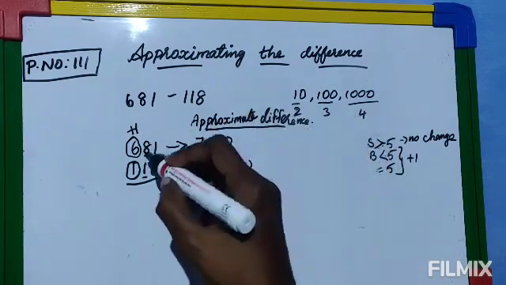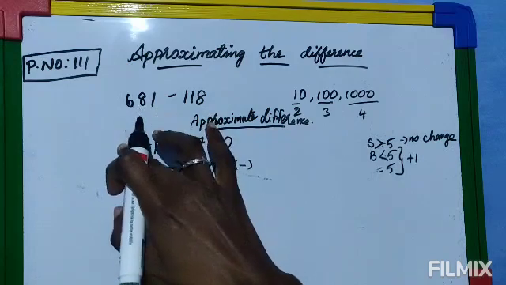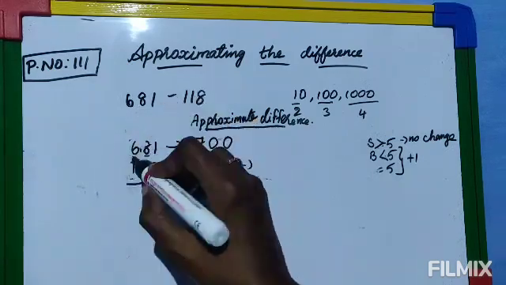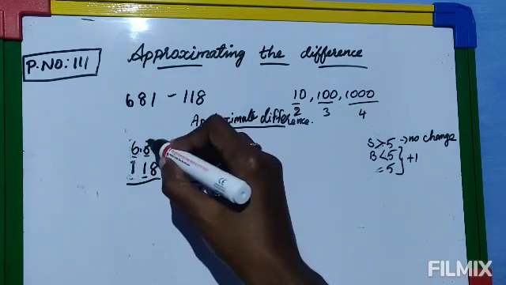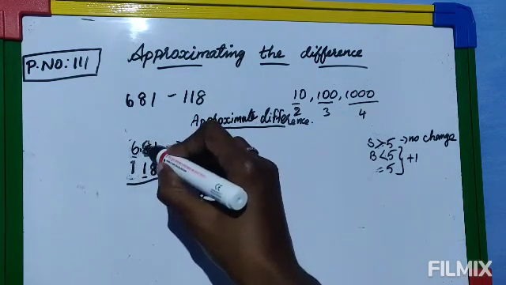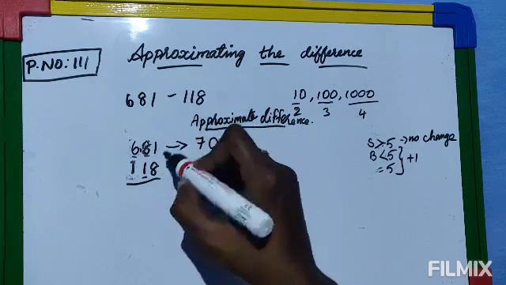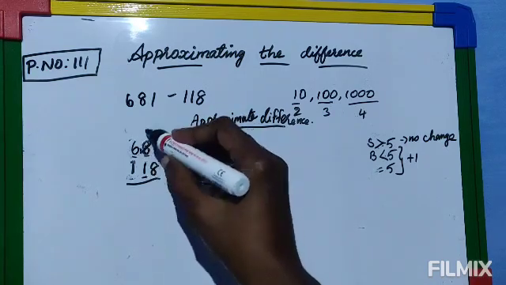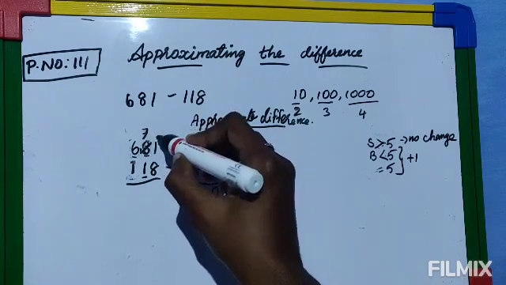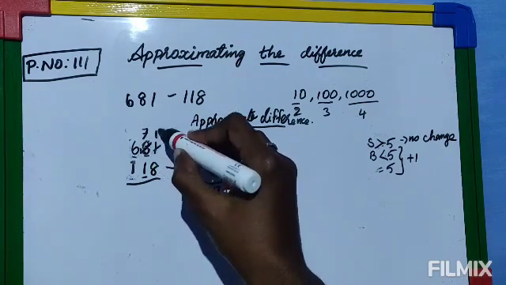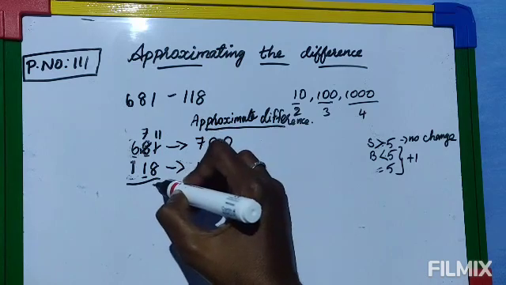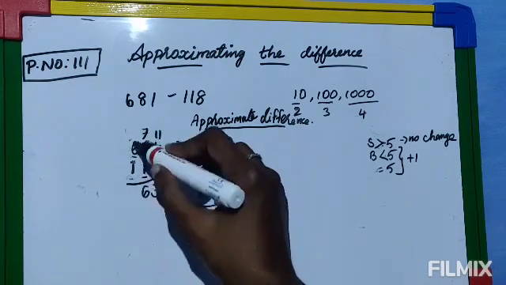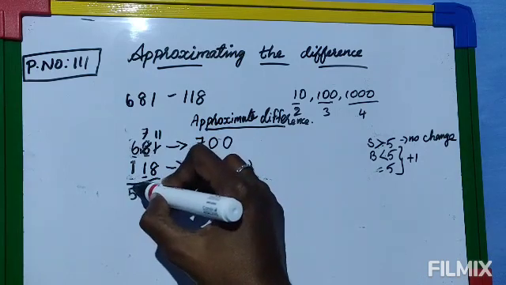And here if you do the minus, that is the actual difference. You cannot minus 1 from 8 or 8 from 1, so you will borrow. From 8 if you borrow, 7 will remain, and this will become 11. 11 minus 8, 3, and here 7. 7 minus 1, 6. 6 minus 1, 5.